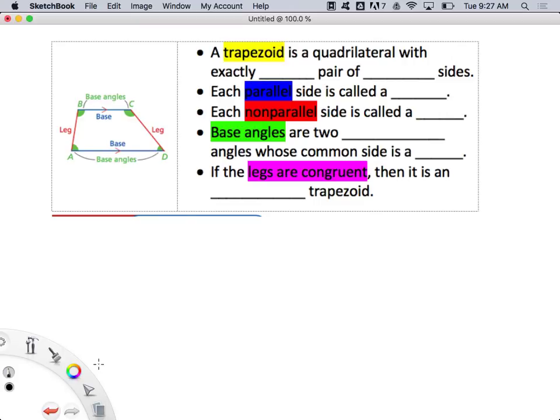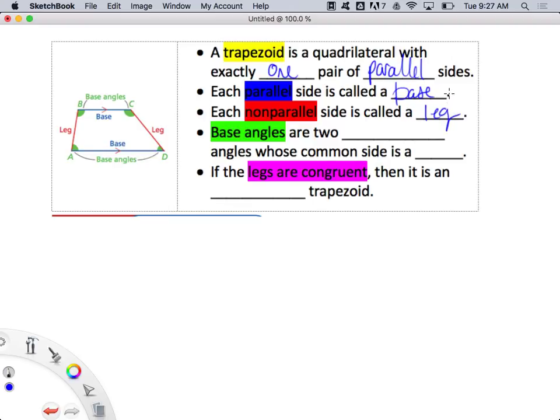A trapezoid is a quadrilateral with exactly one pair of parallel sides. One pair of parallel sides. Each parallel side is called a base. Each non-parallel side is called a leg.